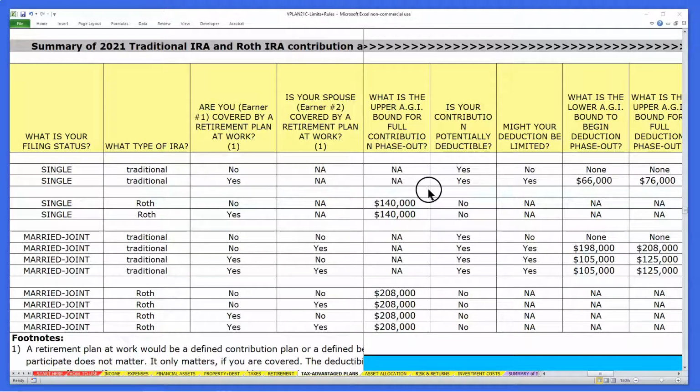And then they could also, even though they were prohibited from making a Roth contribution, make a contribution to a traditional IRA, but since their income was too high, their contribution to a traditional IRA would be non-deductible.